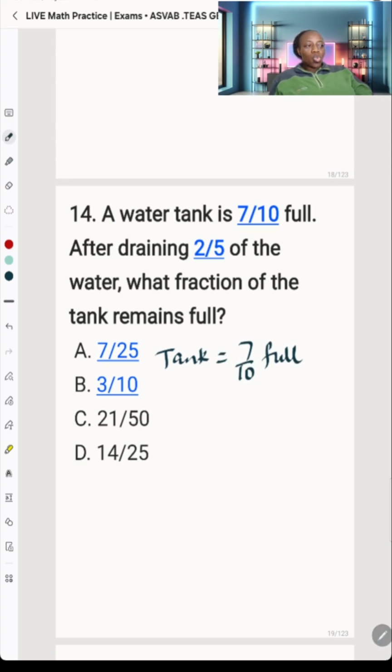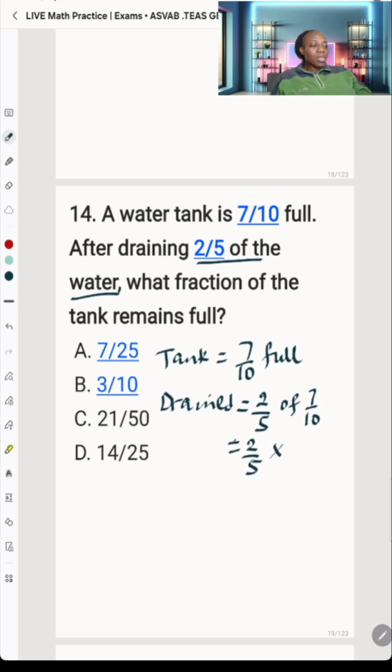After draining 2/5 of the water. So what is the part that is drained? I will write drained. The part that is drained is 2/5 of 7/10.